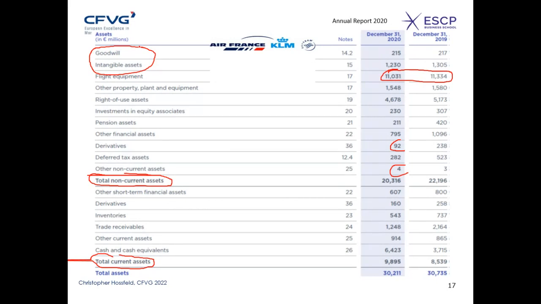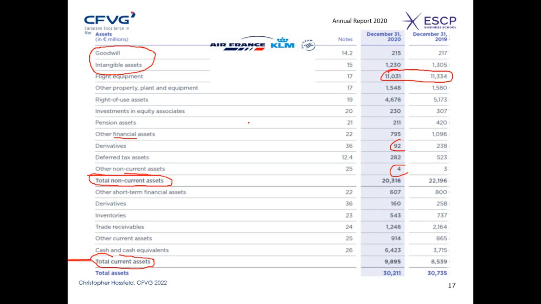Intangible assets are assets that are owned by the company that are long-term because they are non-current, okay, and they are not tangible in nature. So we're not talking about physical equipment or something like this. We are not talking about financial items either, because for financial assets we have a different category.